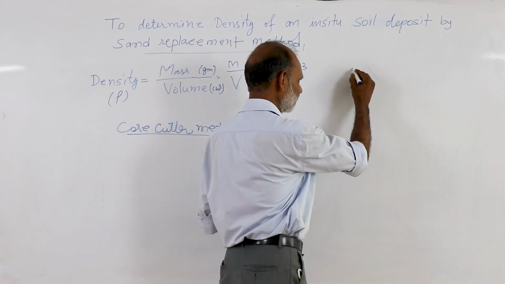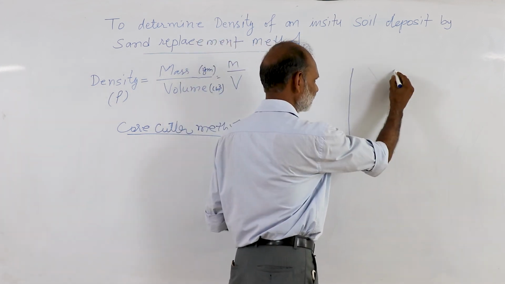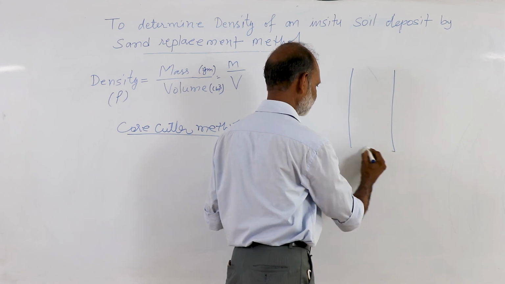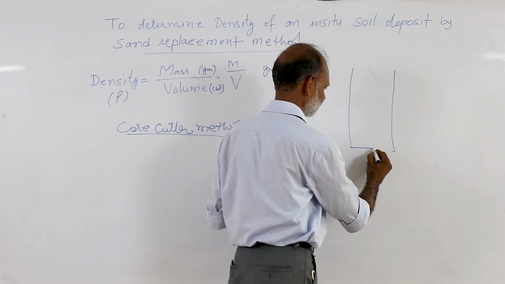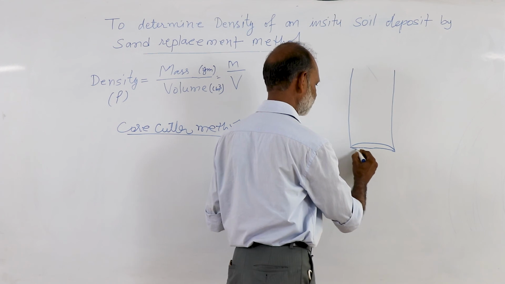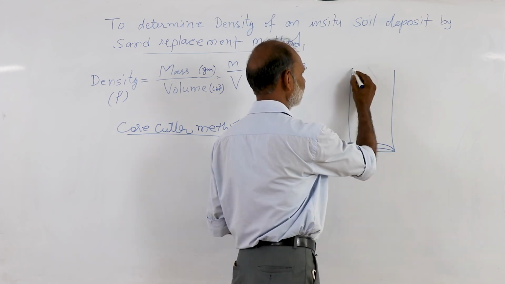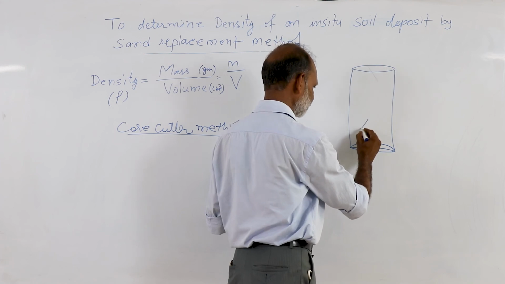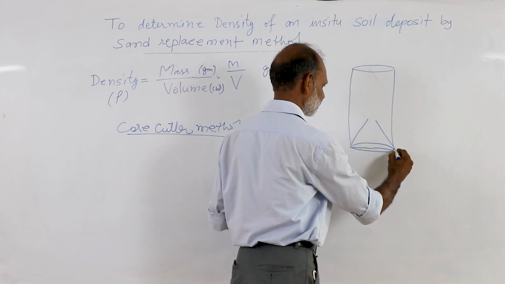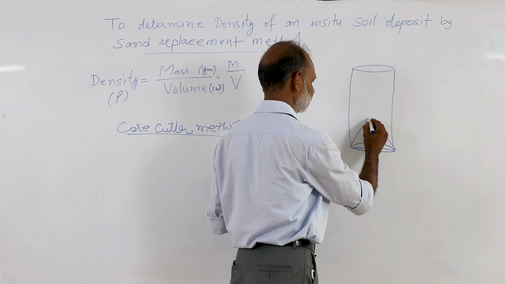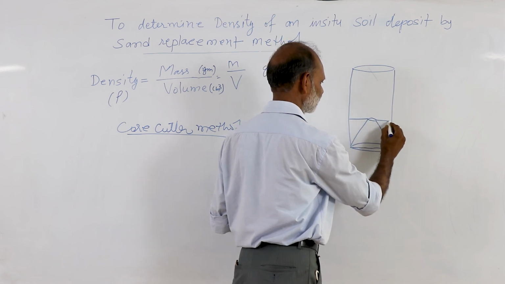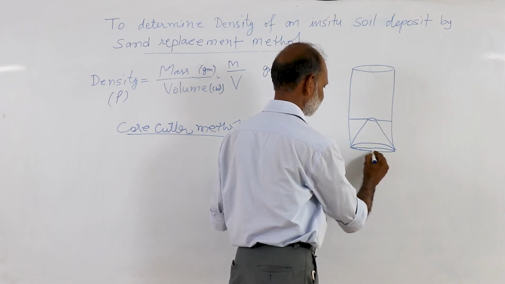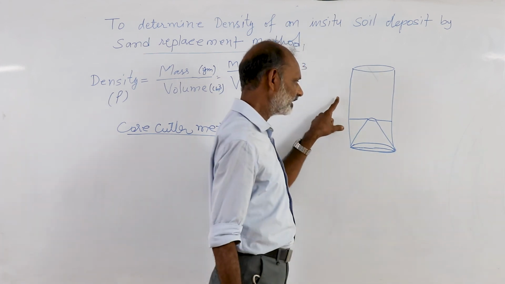So what is the principle of this sand replacement method? A standard cylindrical apparatus remains open at the bottom and also at the top. A cone is fixed here like this and it remains closed. This is known as the pouring cylinder.